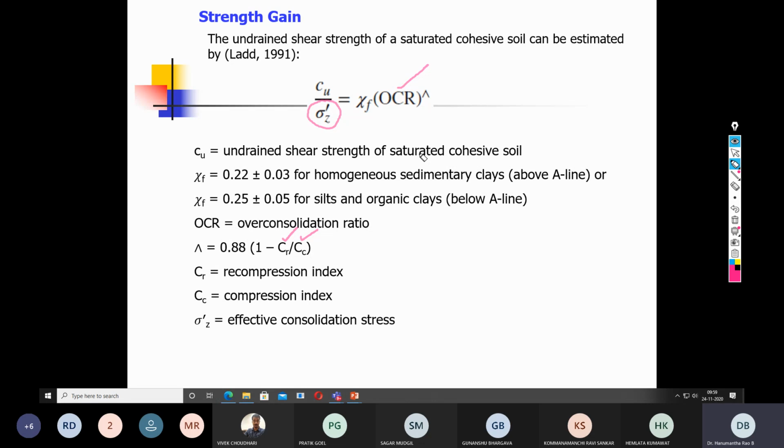So once I know all these things, and depending upon the soil type, I can pick either 0.22 or 0.25. Then I can calculate what is the improvement in the undrained cohesion value of the soil sample. So this is how you should calculate improvement in the strength after the desired degree of consolidation.